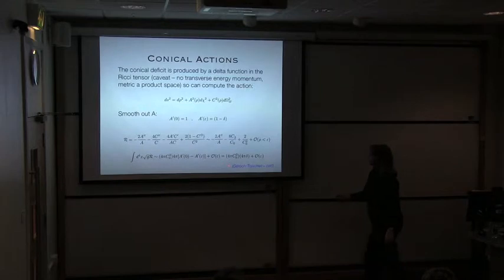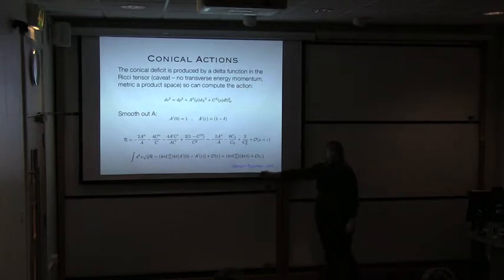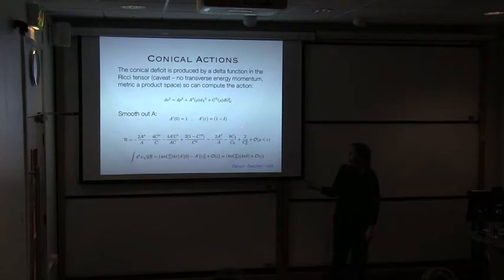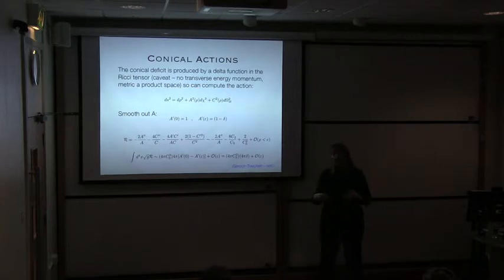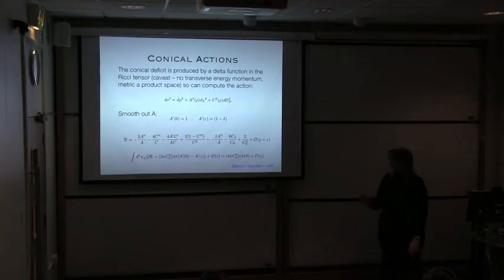However, the information that you lose when you try and take a delta function limit is information that mixes the two-dimensional space in which you've got the conical deficit with the rest of your space. So it's to do with extra degrees of freedom which correspond to the gravitational degrees of freedom that are in the crosstalk.